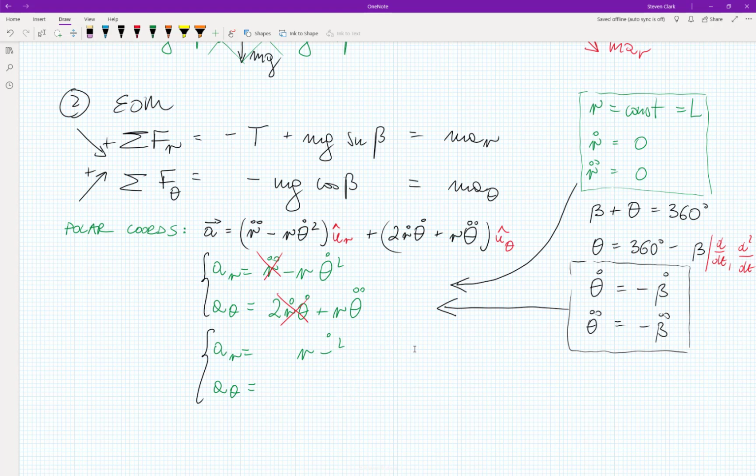And then I believe that the first one will be L beta dot squared with negative value, and this will be minus L beta double dot.